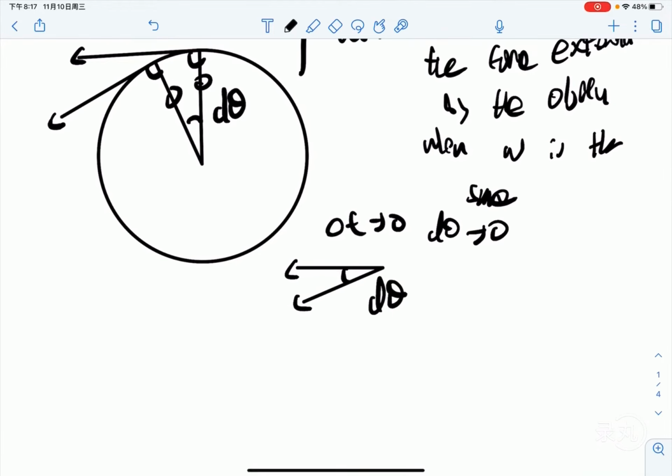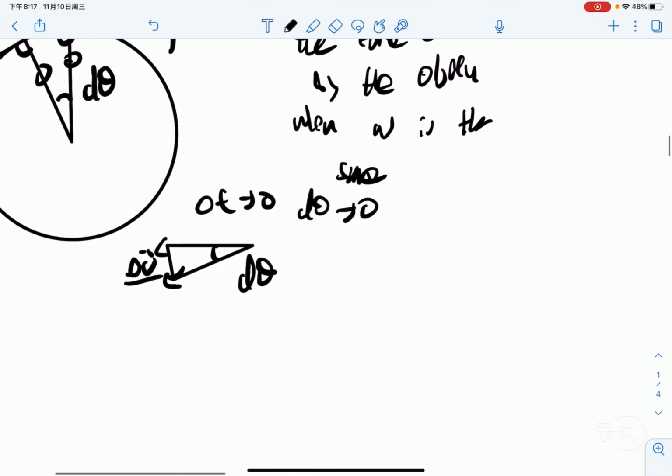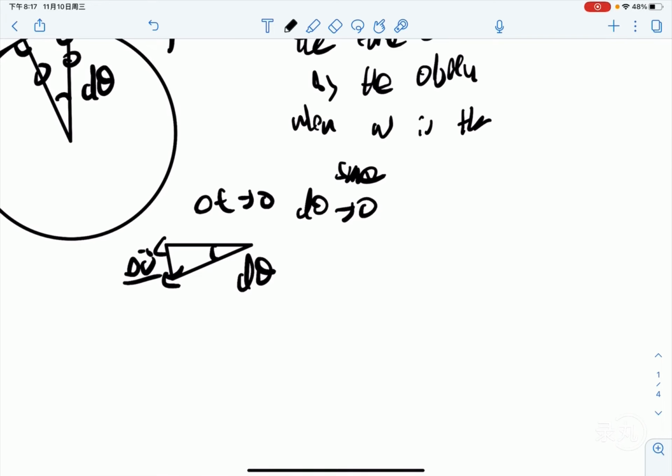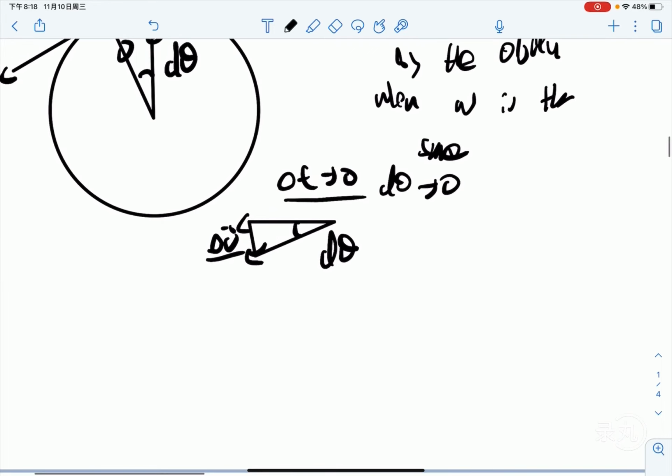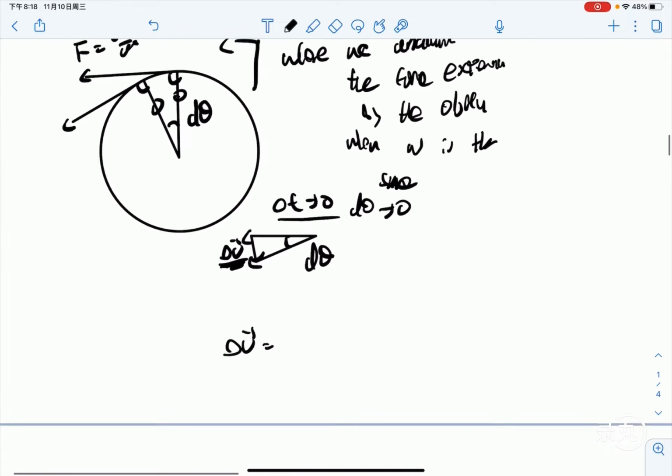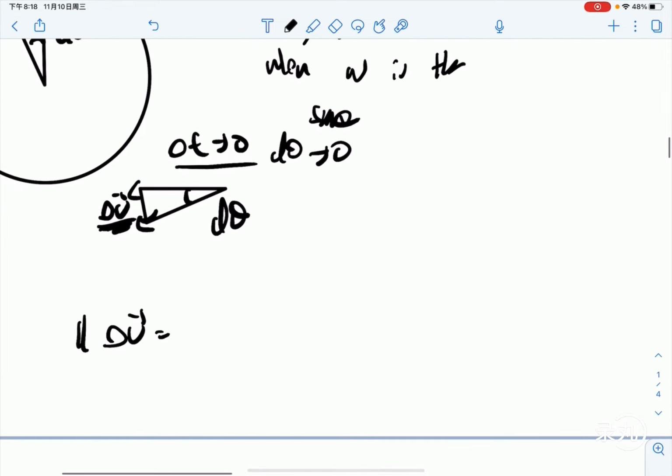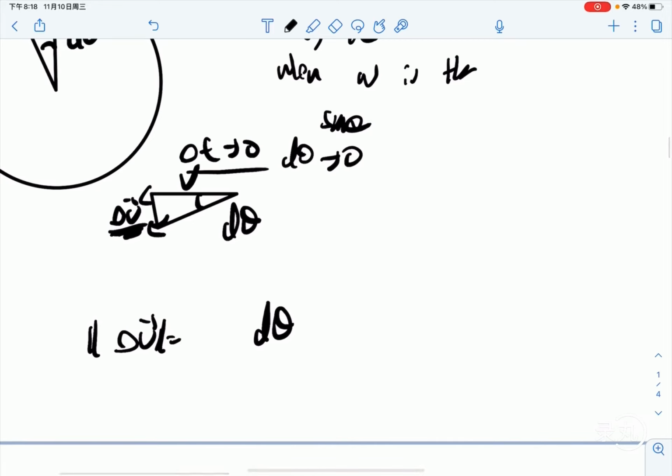And we can connect these two vectors, and this is the changing velocity vector. So when delta t is approaching 0, the magnitude of this vector is just going to be v d theta.